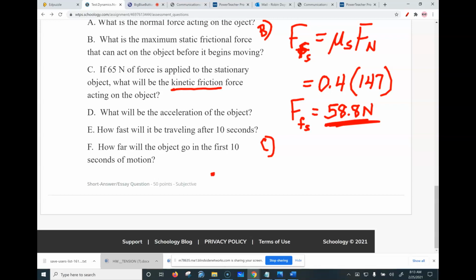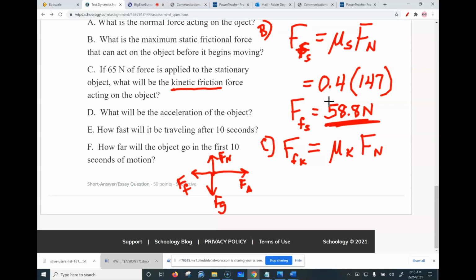Well, here was my free body diagram. Let me draw it real quick. Now it's moving. So my friction is a little bit smaller. So if you want to specify, you can do that.